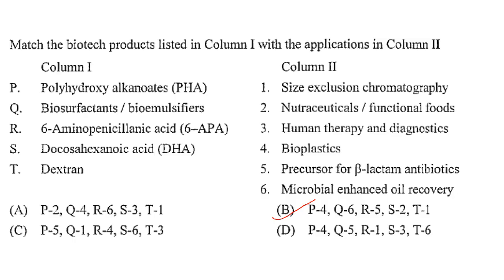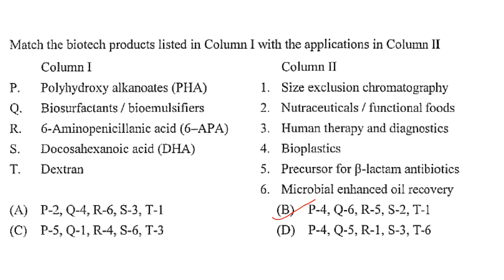Then next one. Match the biotech products listed in column 1 with applications in column 2. Polyhydroxyalkanoates, so PHA, they are in bioplastics, P4. So A and C can be omitted. We will see B and D. Biosurfactants or bioemulsifiers, they are microbial enhanced oil recovery. 6-aminopenicillanic acid.